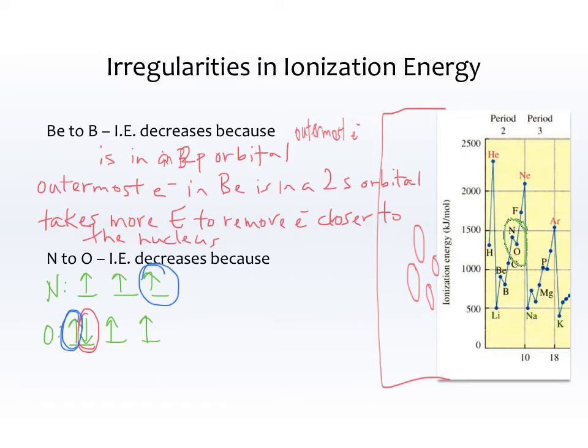So let me get that written down. 2 electrons in oxygen's 2p orbitals are in the same orbital.